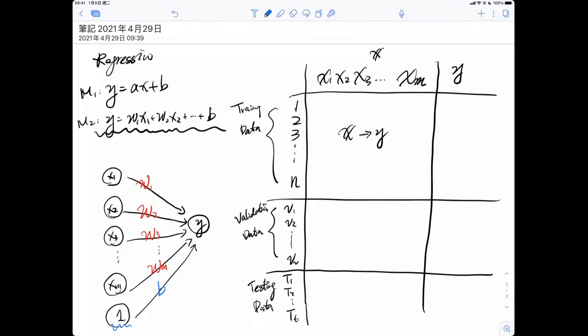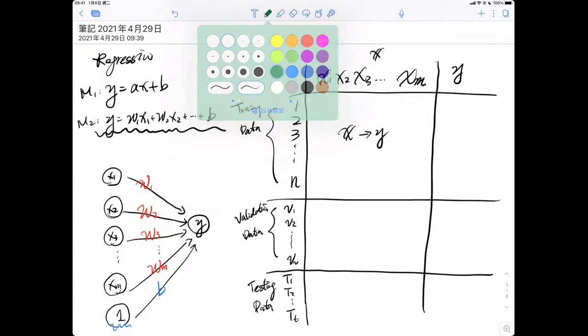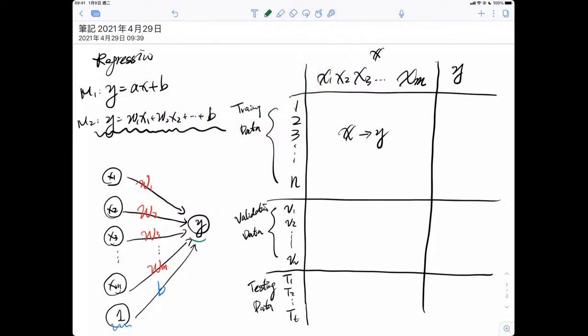So we have another important thing we have to mention right here, which is a very useful mechanism in neural networks. Why do we design such a mechanism? This is called the activation function.